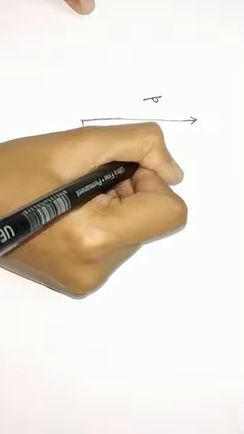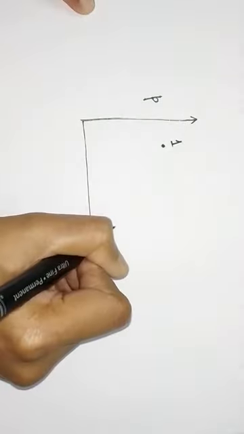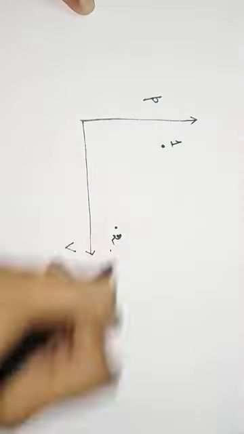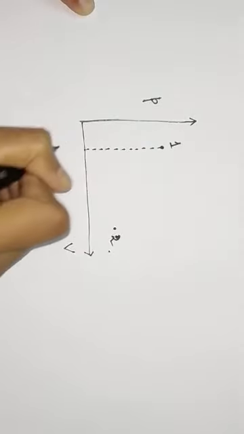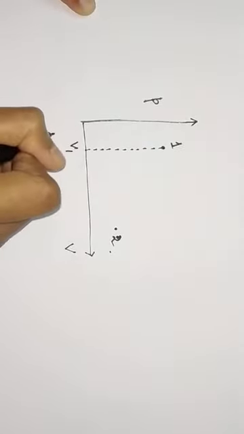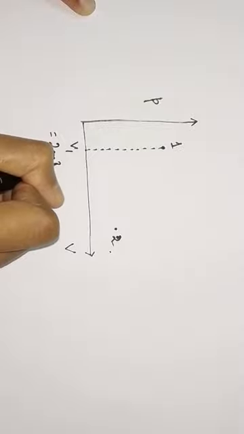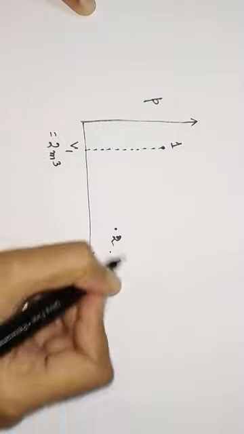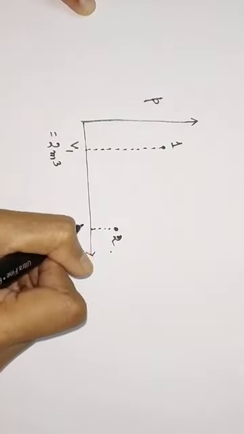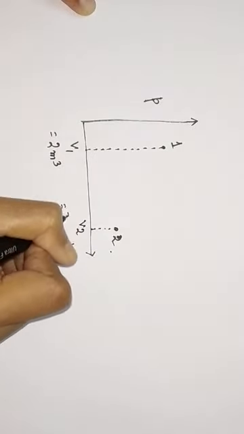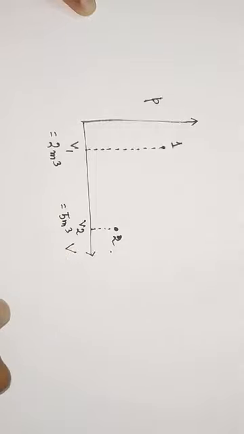And this is suppose state 1, this is state 2. At state 1 the volume is V1 and its value is suppose 2 meter cube. We are showing only the volume, not the pressure. And at state 2 the corresponding volume is V2 whose value is suppose 5 meter cube.